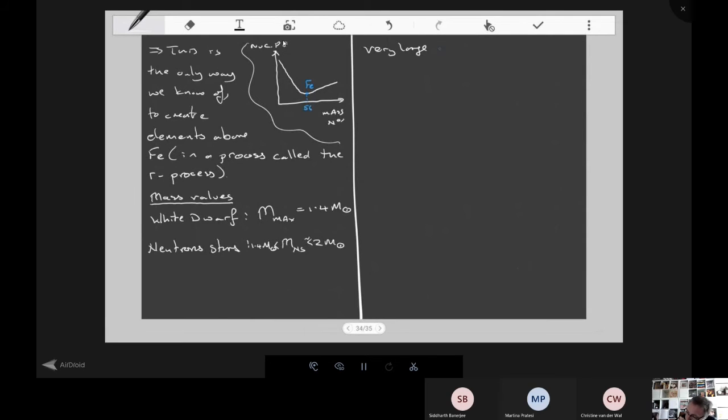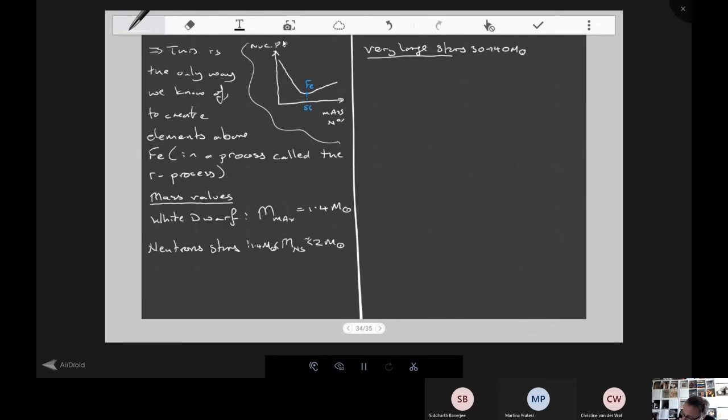Very large stars. Now, a very large star is where the mass is greater than, well, actually, let me put the range in. It's 30 to 40 solar masses.